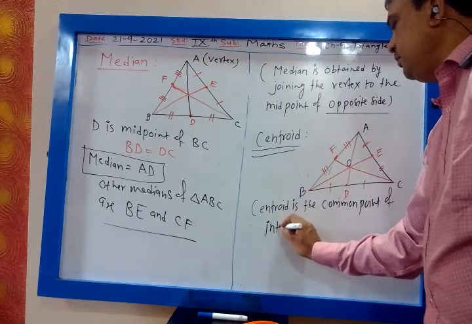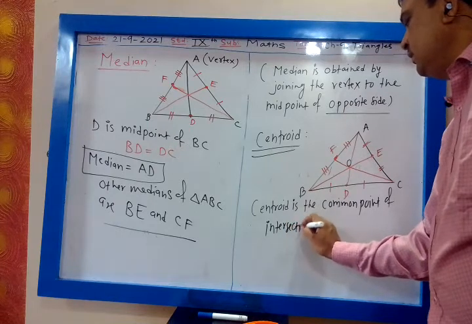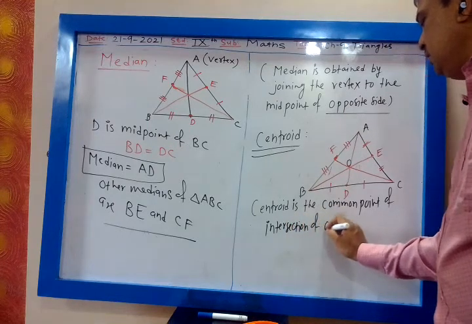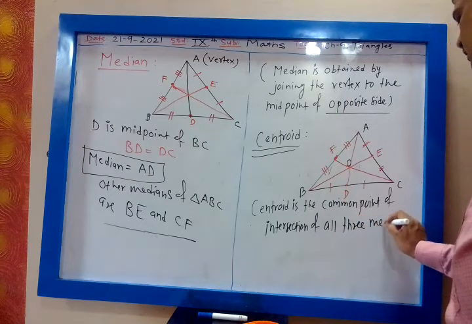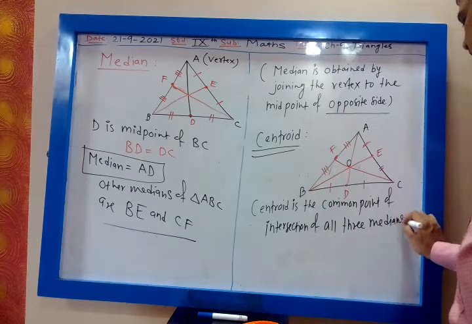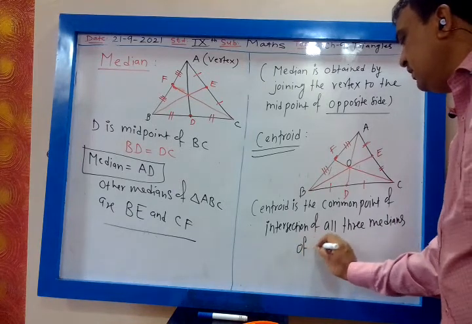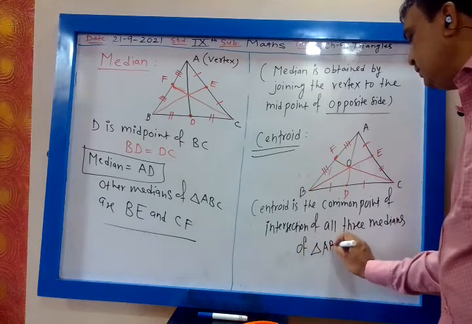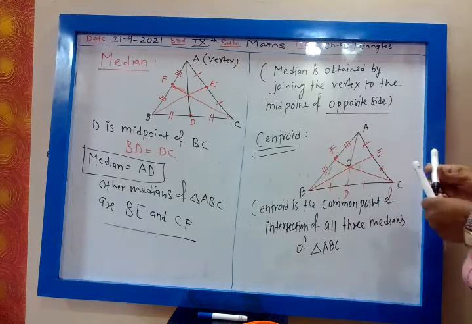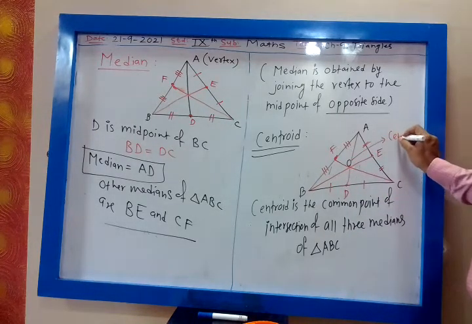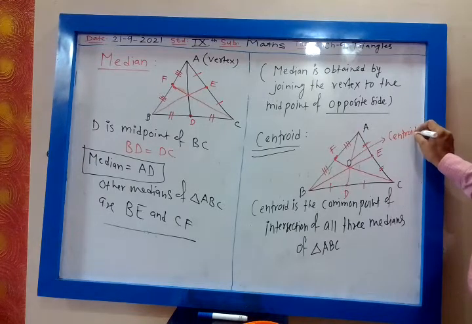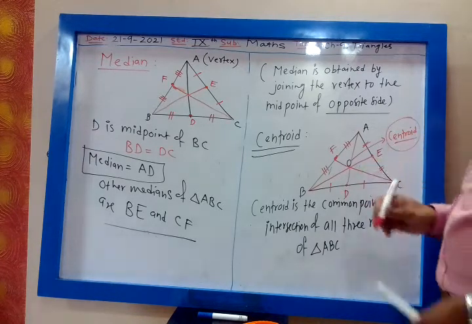Centroid is the common point of intersection of all three medians of triangle ABC. So O is my centroid, because O is the point of intersection of all three medians.